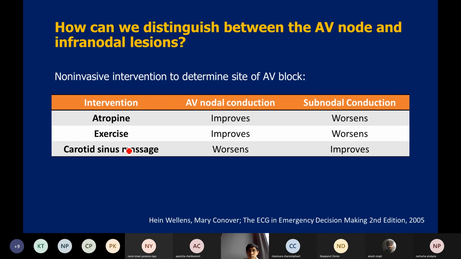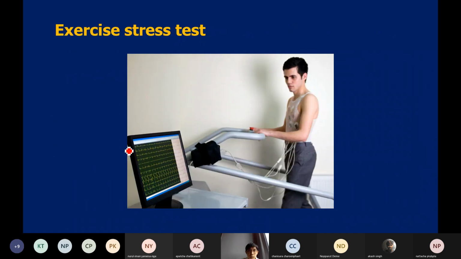But if the AV block is improved, it should be a lesion below the AV node. So these are the exercise stress test and other maneuvers that we can use to differentiate the level of AV nodal block.